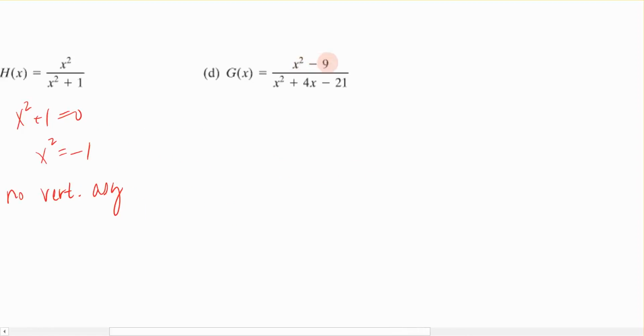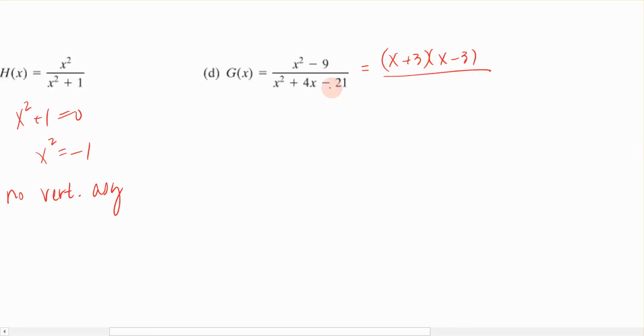Finally we have this example right here: x squared minus 9 divided by x squared plus 4x minus 21. This is the time where we get to maybe factor the numerator and the denominator to see if I can cancel anything out. So the numerator is going to factor into x plus 3, x minus 3.